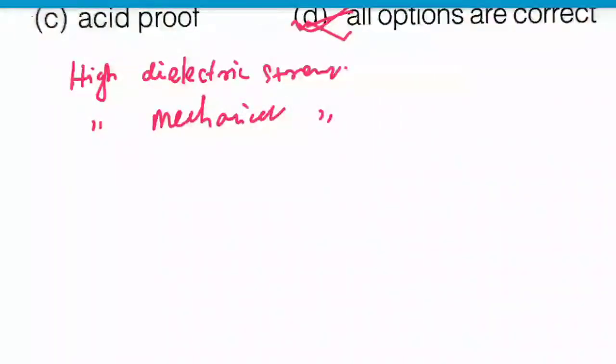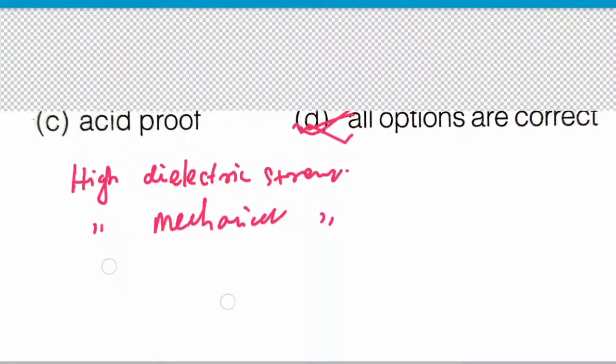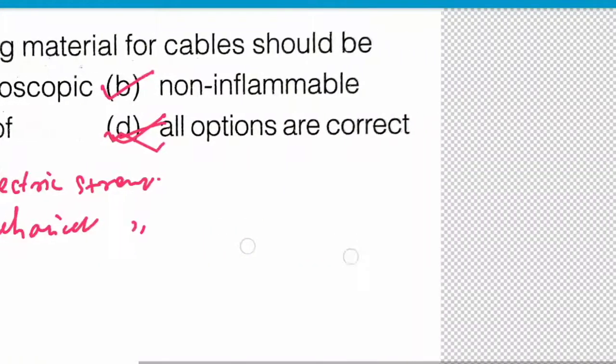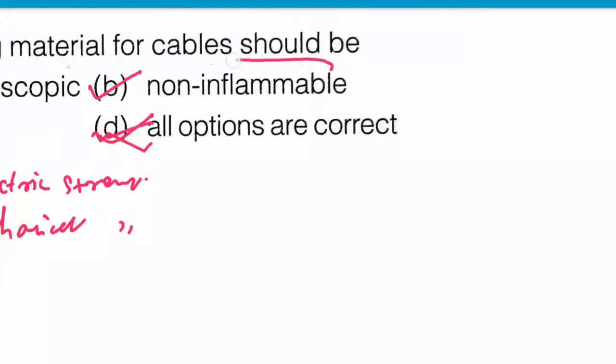Next is non-hygroscopic, as given here, which means it should not absorb moisture. Next is non-flammable, here also given. Actually in English, the word inflammable also means flammable.